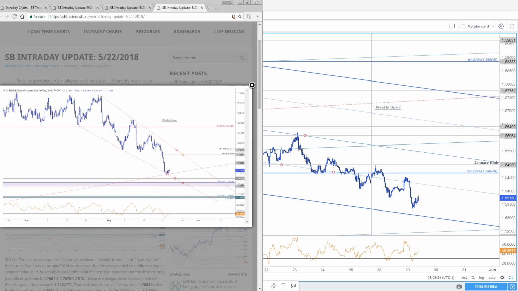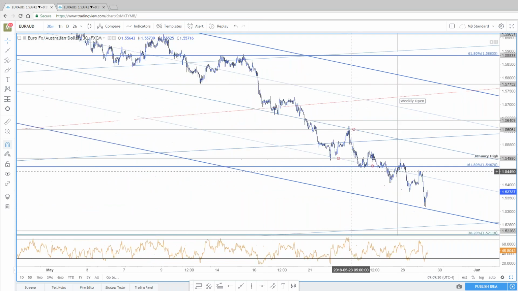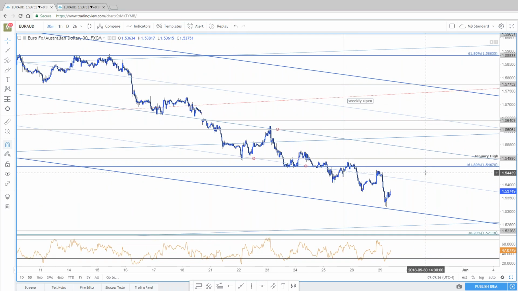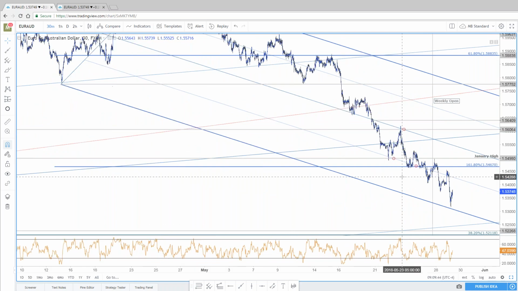Pooja, I'm sorry, I missed that question. What about targets in that case? So in which case, Pooja, if it breaks through the weekly open, targets are, listen, don't pay too much credence to 54.67. It was a really big level for me on the way down. It's the 1618 extension.